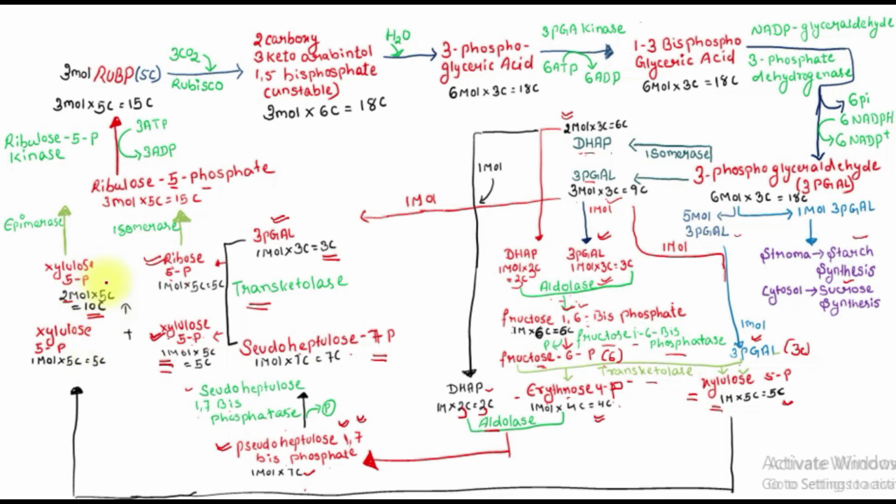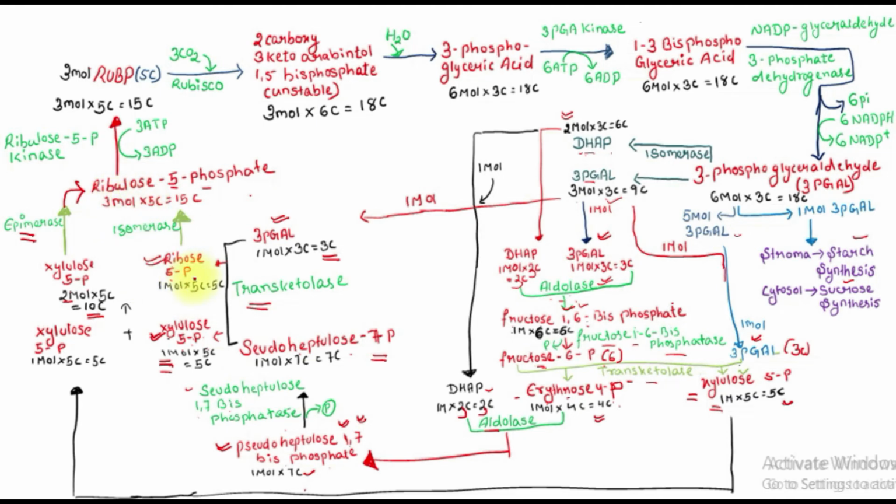This xylulose 5-phosphate will be converted into its epimer form, that is ribulose 5-phosphate, in presence of the enzyme epimerase. Okay. The epimer form of xylulose 5-phosphate is ribulose 5-phosphate and the isomer form of ribose 5-phosphate is also ribulose 5-phosphate.